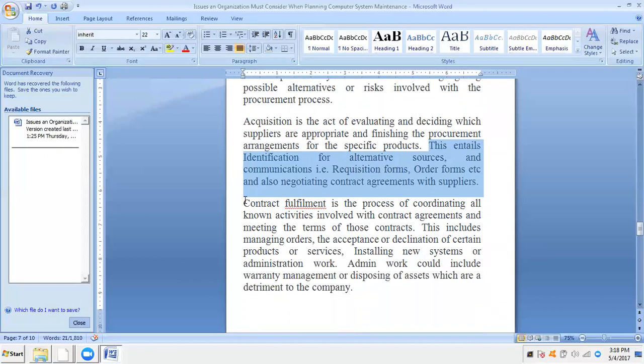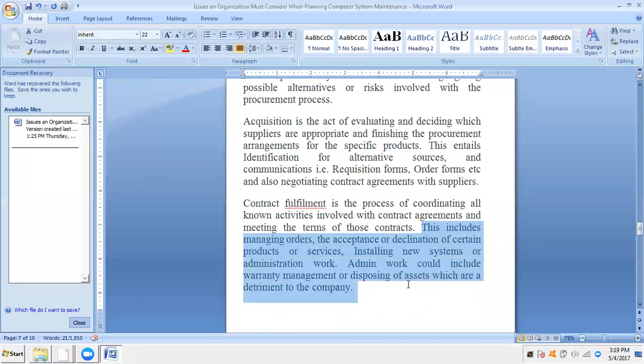Next, contract fulfillment is the process of coordinating all known activities involved with contract agreements and meeting the terms of those contracts. This includes managing orders, acceptance or declination of certain products or services, installing new systems or administration work.